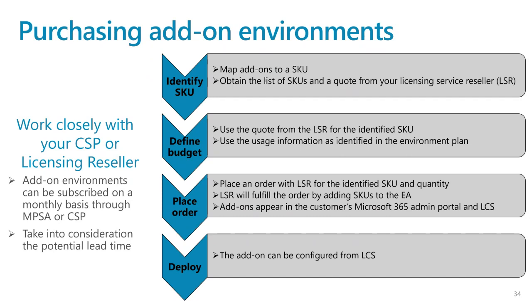Once you've defined that, then you're ready to go ahead and place your order. So you'll place that order with your LSR or your CSP for each of the SKUs that you identified in the quantities. And that order will be fulfilled by adding those SKUs either to your EA or to your subscription.